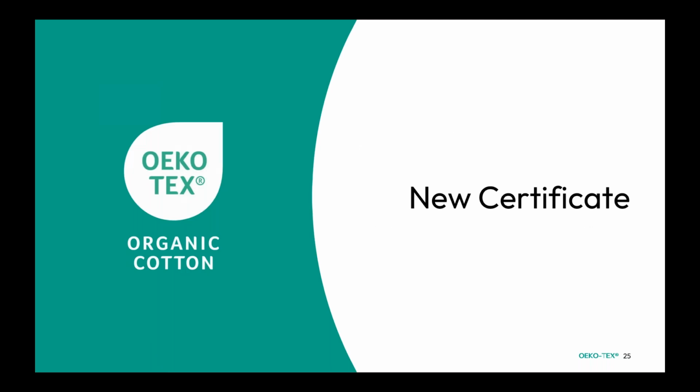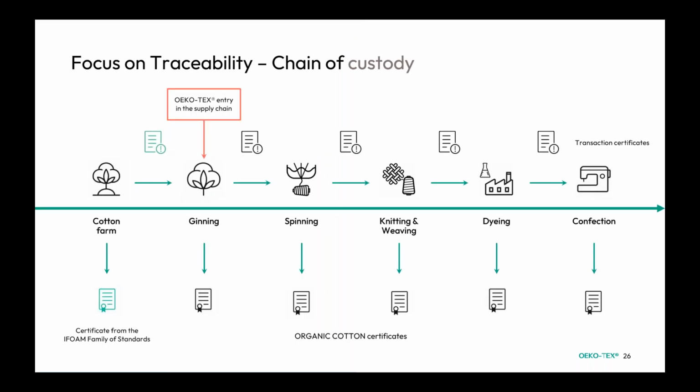We have something else which is pretty exciting, which is one of two new certificates, specifically organic cotton, the new organic cotton certificate. So this is a new certification where we focus on the traceability of also the chain of custody.